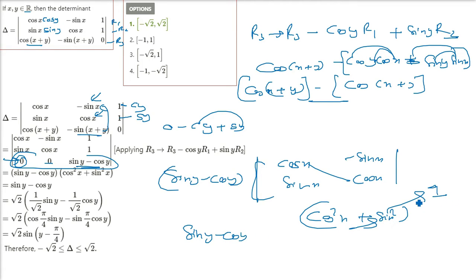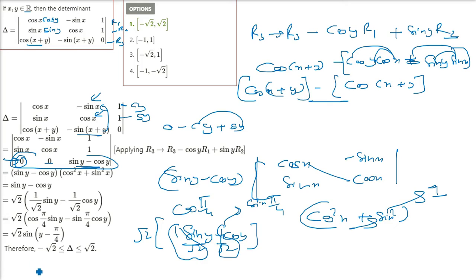Okay, we have already seen, because we need to know what is the range, you can say, or the boundary. So multiply it by root 2, and 1 by root 2, 1 by root 2 will be here. So 1 by root 2 you can write as cos 45 degree, that is pi by 4. Here you can write 1 by root 2 as sin pi by 4.